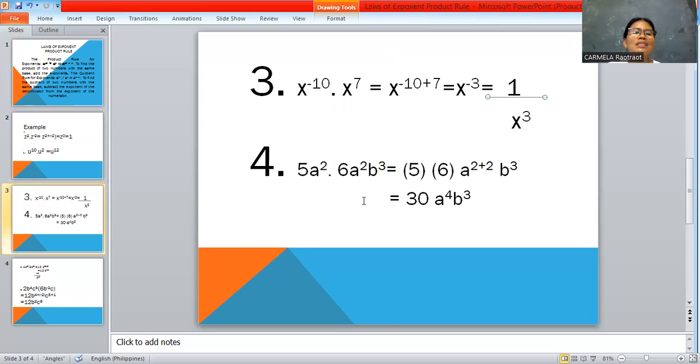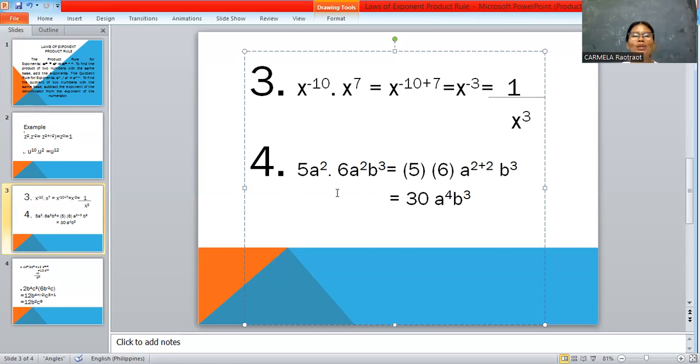Okay, so let's have number 4. As you notice, this one has numerical coefficients, or constants. So that is 5a raised to the power of 2 times 6a raised to the power of 2, b raised to the power of 3. So what are we going to do with this? Simply, you're going to multiply the constants. 5 times 6, that is 30.